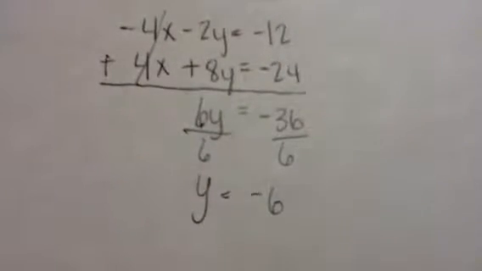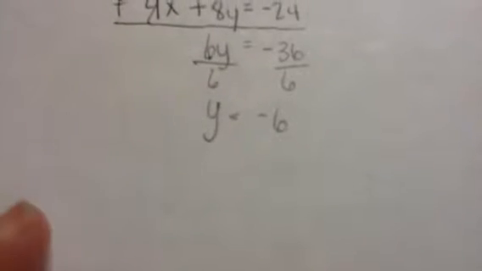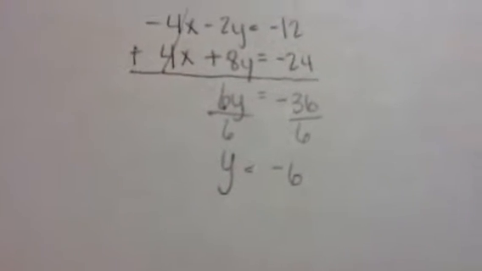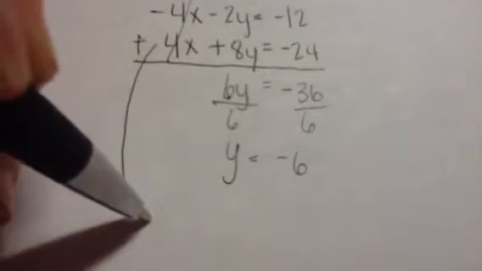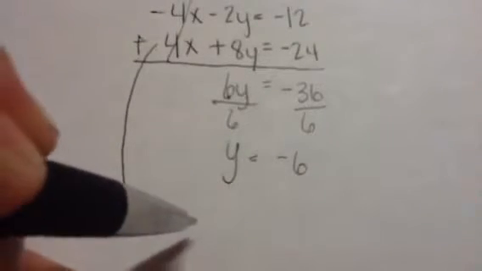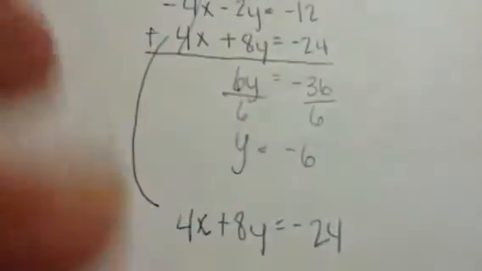Okay, now that I've solved for y, I can go back and solve for x, and I can use either one of these equations. I'm just going to choose the second equation, so I'm going to bring it down here. So I have 4x plus 8y equals negative 24.